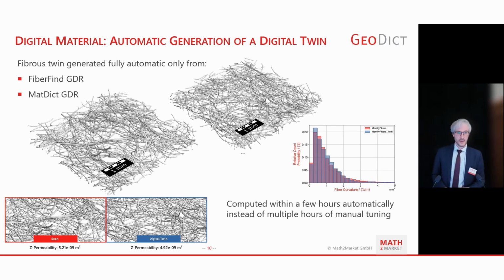Here you can see the workflow we are currently working on, so that you can easily create a digital twin for fibrous materials automatically within a few hours, instead of manually tweaking the parameters for hours until in FiberGeo you finally get the desired digital twin structure.